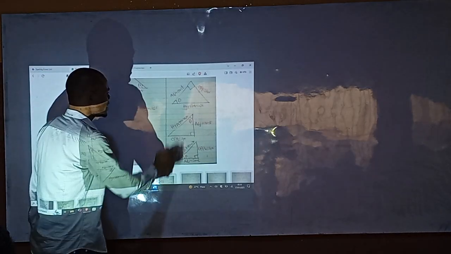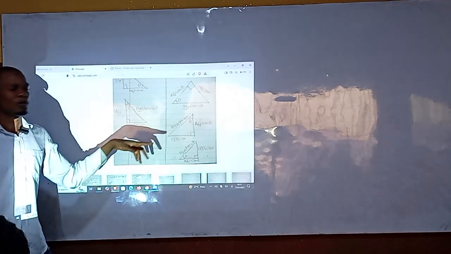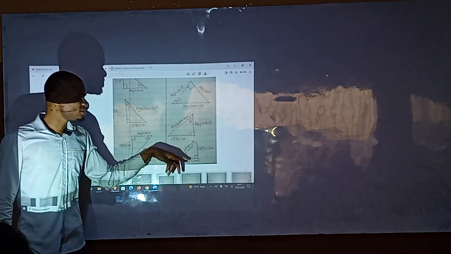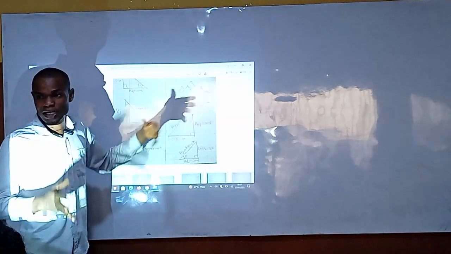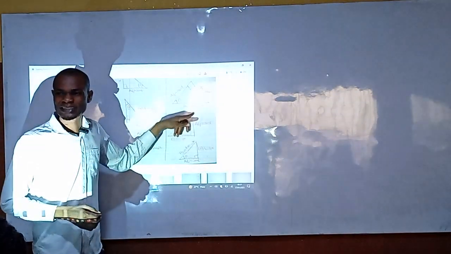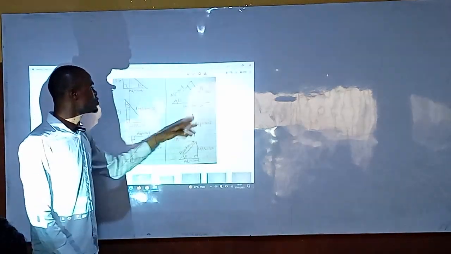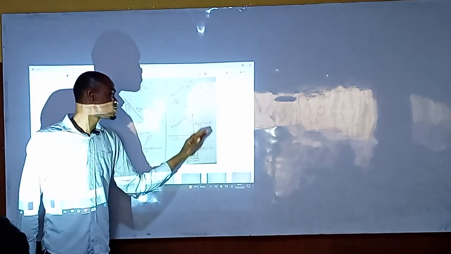Now, what of this? This is hypotenuse. Why? Because it's facing 90 degrees. And this is adjacent because the acute angle I want to use, an angle between 0 and 90 degrees, is attached to this line. So don't call this place opposite just because you are used to it from primary school.